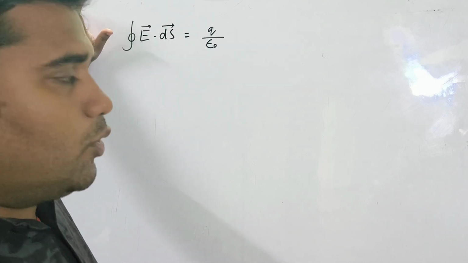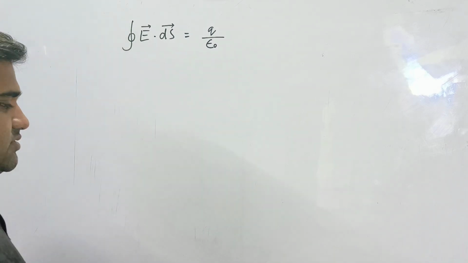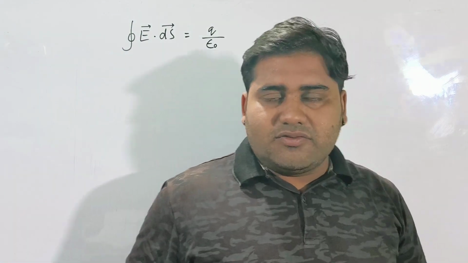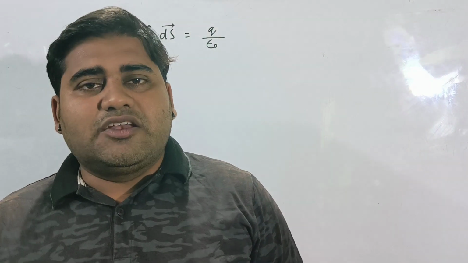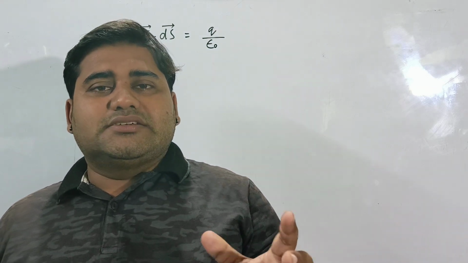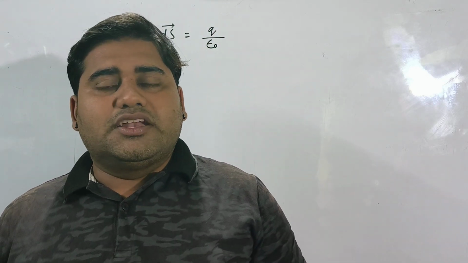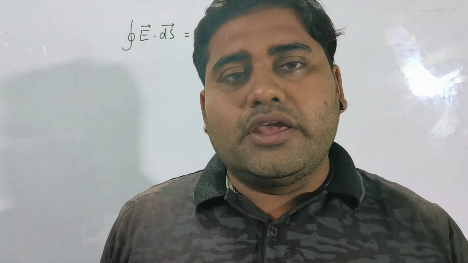So why is it important? Because sometimes it becomes more complex for us to calculate the electric field of a given object where the charge distribution is uniform or not uniform.